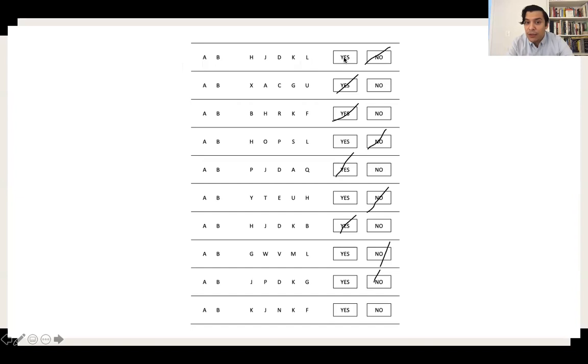If yes, we would check yes. If no, we would score no. A or B is not here, so the examinee correctly drew a line through the no box. A is here, and so the examinee correctly drew a line through the yes box. B is here, and so on.